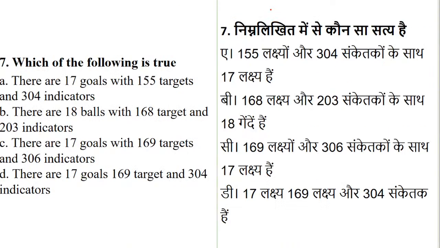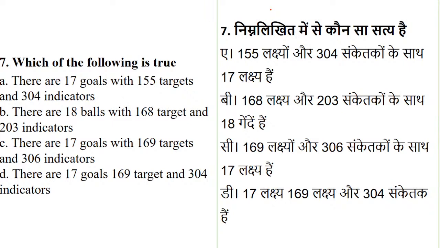Okay, fine. Now see, which of the following is true? It is with respect to the Sustainable Development Goals: 17 goals, what are the targets, and what are the indicators.